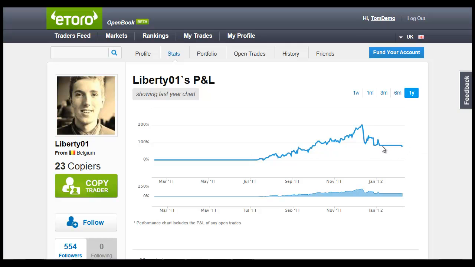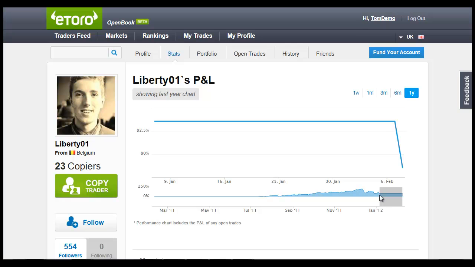Moreover, I see this straight line which symbolizes not a lot of activity in the last month. As you remember, we saw in the presentation that the trend actually started on the 6th of February. So I would like to check this period on this trader and see if this trader knew how to use this change of trend.